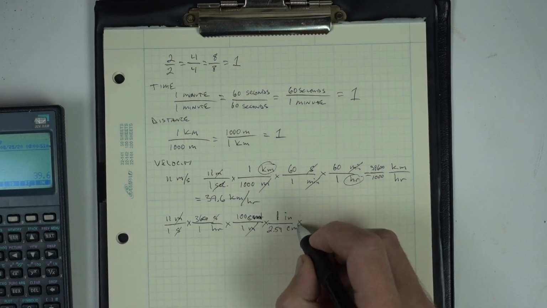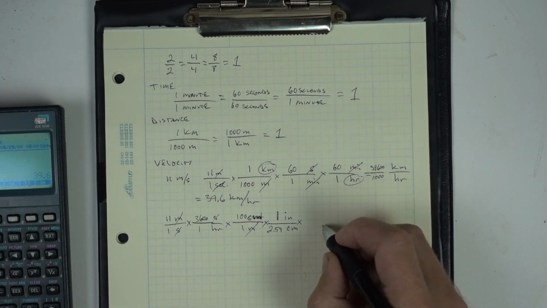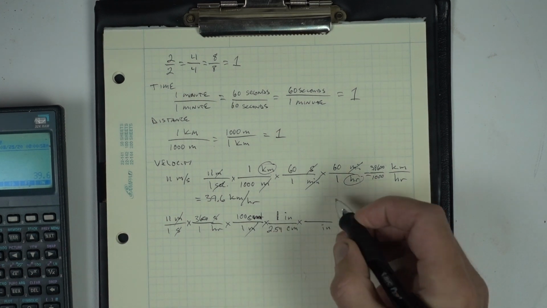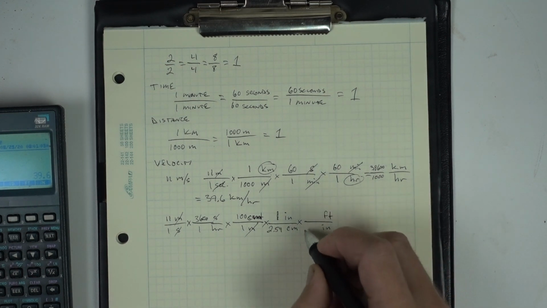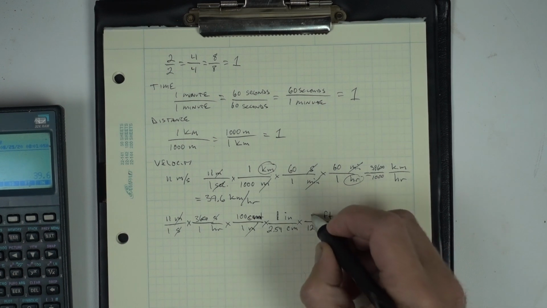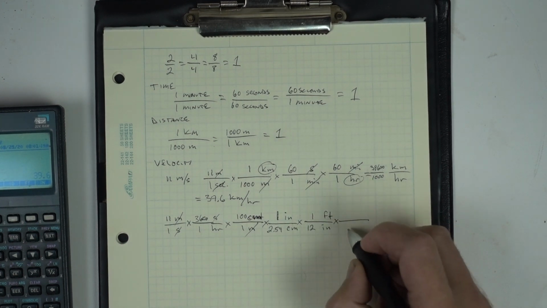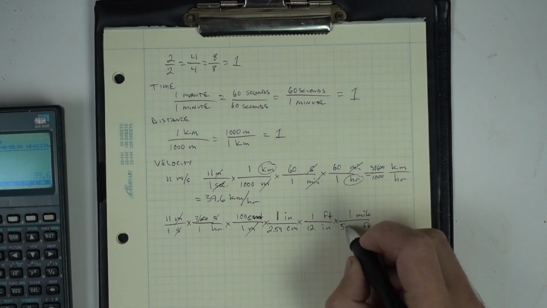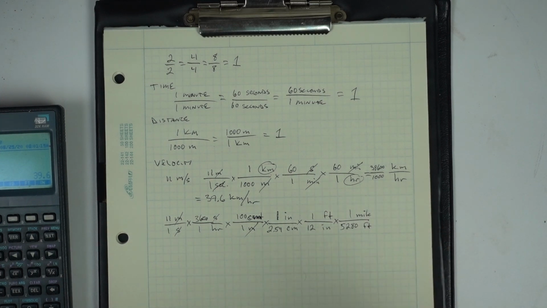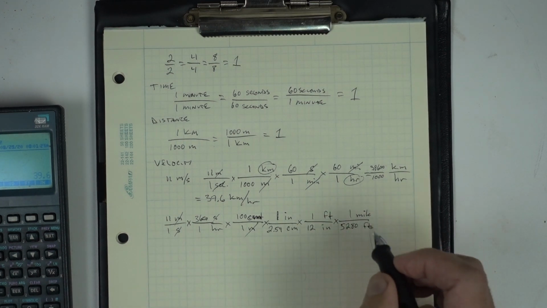Okay. Now put inches on the bottom again so it can cancel out, and we're going to go to feet, because I know how many feet are in a mile. There's 12 inches in 1 foot. And then the number of feet in 1 mile is 5,280. That's something every school kid learns here in the US, how many feet are in a mile.